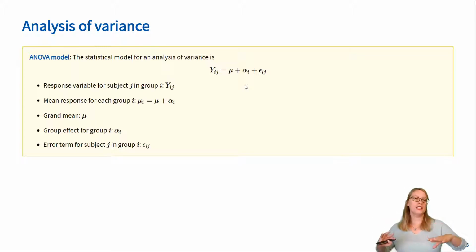Then we're adding or subtracting some additional effect, and we call those group effects alpha. Some groups will be a little bit above that overall population mean, some a little bit below. We capture that group variability with the alpha term. Then the last term, epsilon, represents the little bit that's left over. Just due to random chance, some subjects will have a slightly higher value, some a slightly lower value. We capture that variability that is not due to the grouping in that epsilon term.